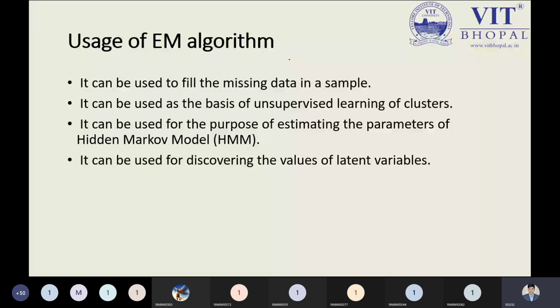But when talking about classification data, we have association mining or association rule mining, where we have, if you remember, FP growth, frequent pattern growth, and the Apriori algorithm. And next we have the hidden Markov model. This is the model applicable when we have a data set for classification, and it can be used for discovering the values of latent variables. Discovering the values of latent variables means discovering the values of missing variables or hidden variables.